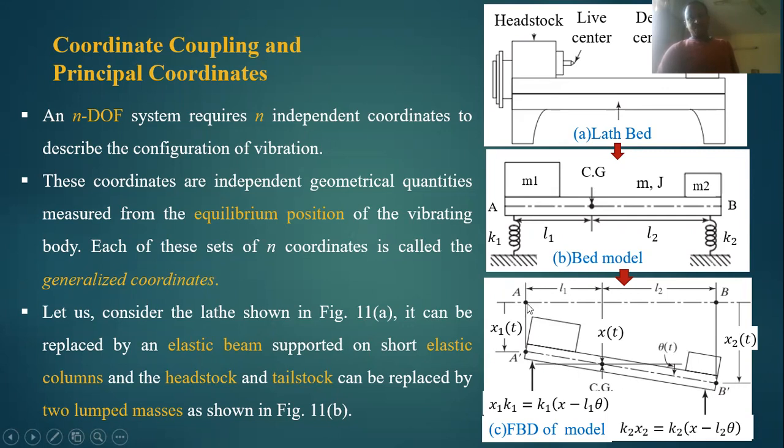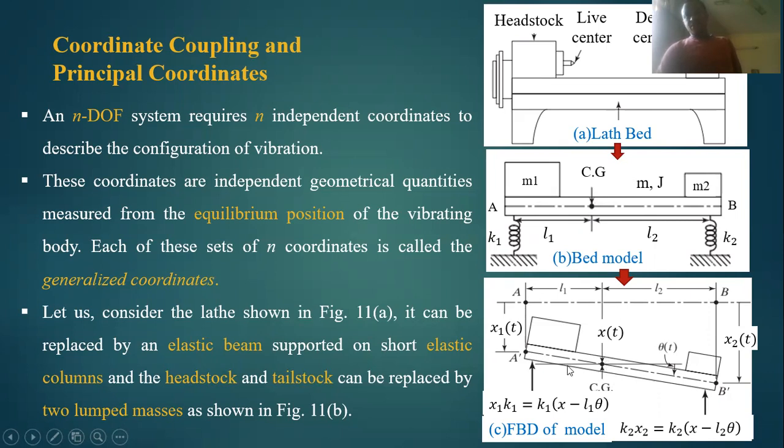The distance from A to A prime is taken as x1 of t, and B to B prime is x2 of t. The central point where the center of gravity, the CG, lies is represented with x of t.